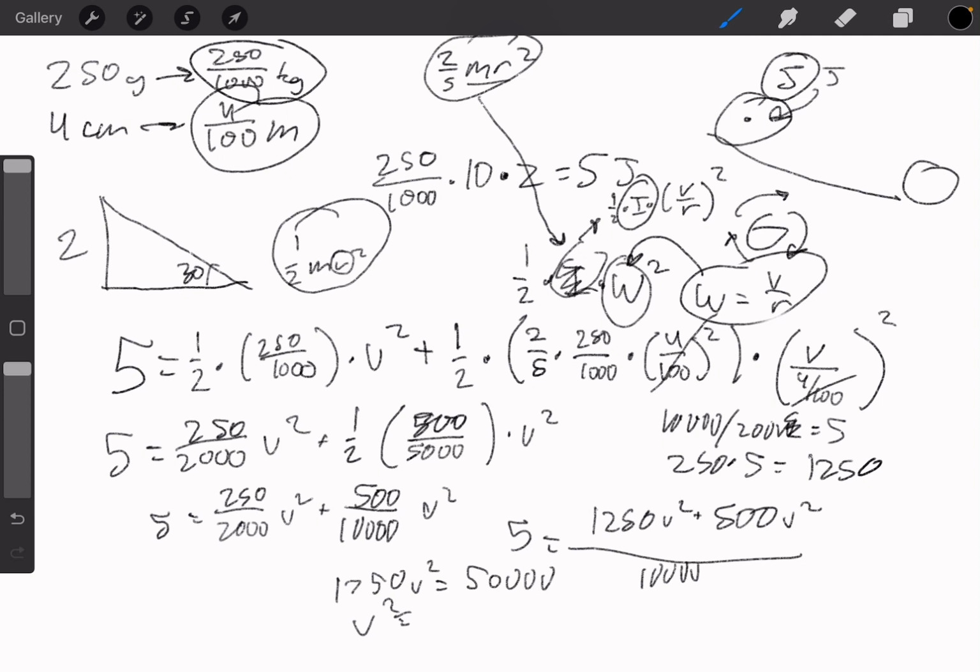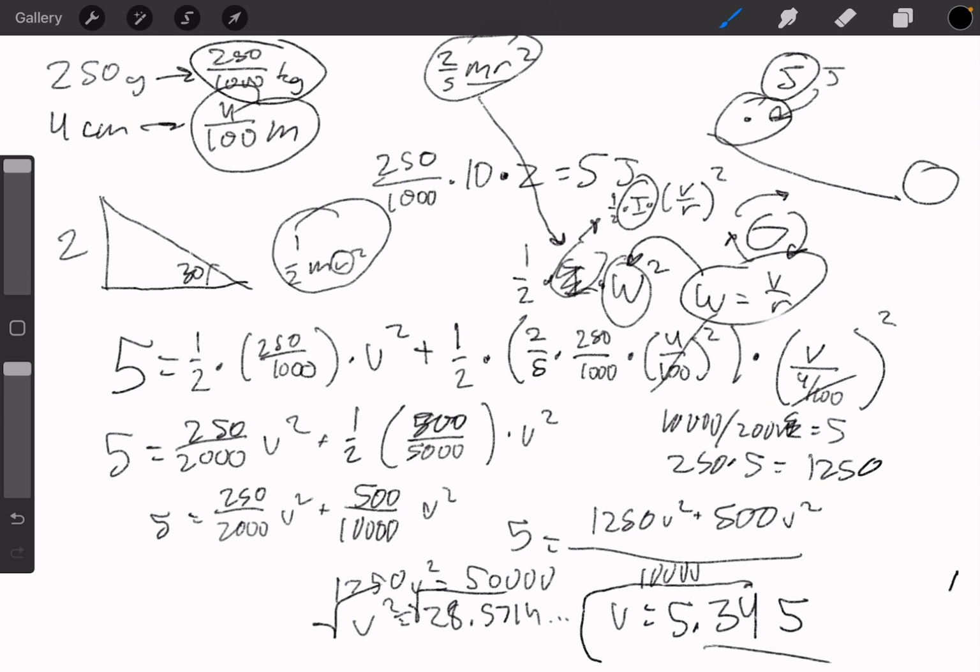V squared is equal to 28.5714 dot dot dot. When we take the square root of both sides, we get V equal to 5.345. This is the calculus truncating rule, 3 decimal points. So this is our linear velocity.